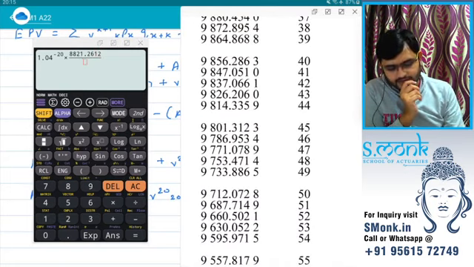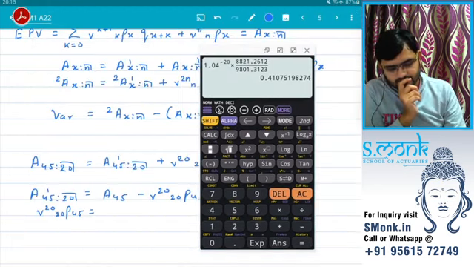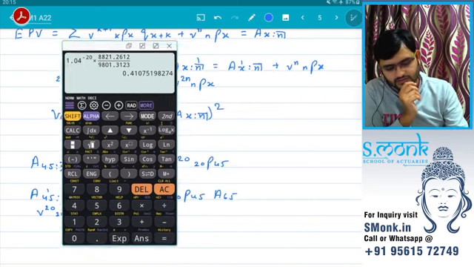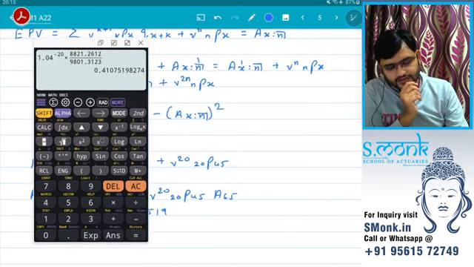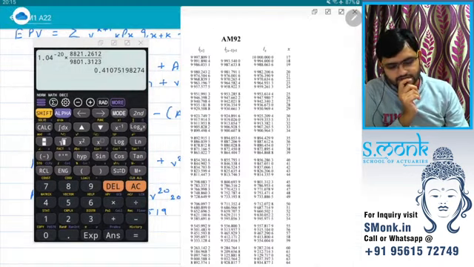L45 would be 9801.3123. That gives 0.410751. I'll use this to find my term assurance.